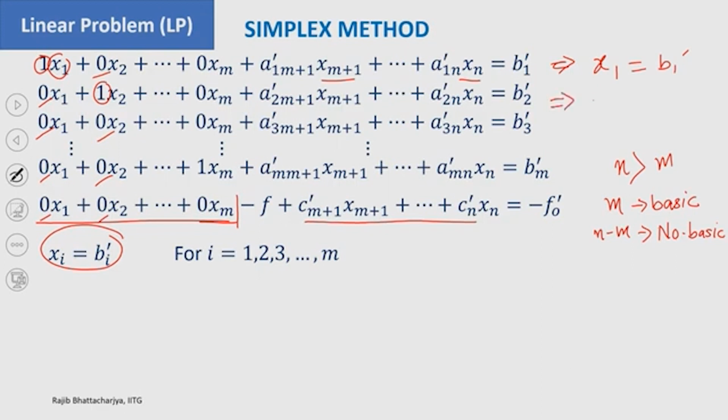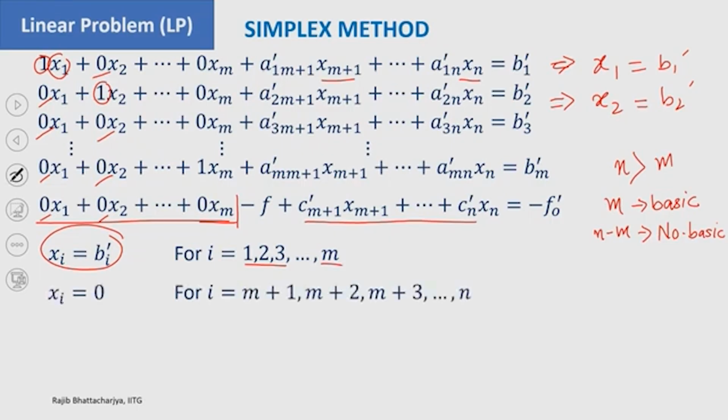Similarly, from the second equation I will get x2 equal to b2 dash. So, xi equal to bi dash for i equal to 1, 2, 3 up to m, where m is the number of equations. For the non-basic variables, from m plus 1 to n, xi equal to 0.